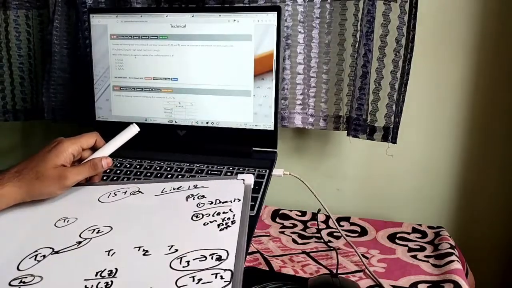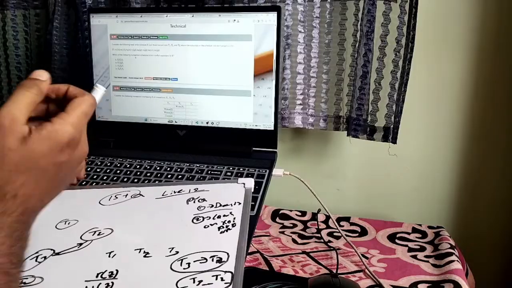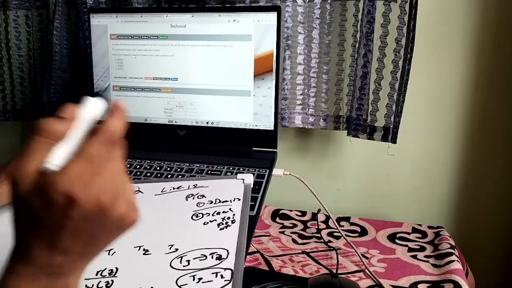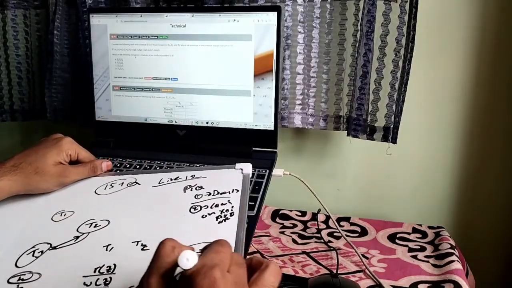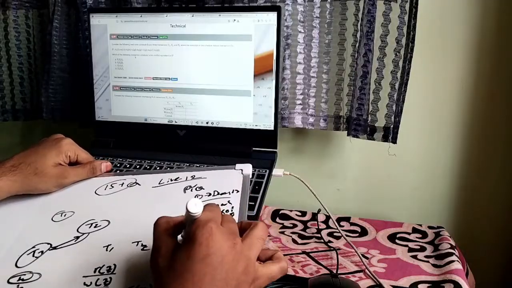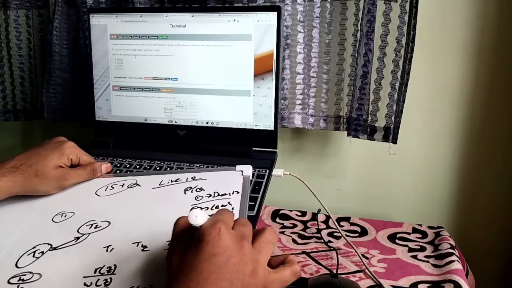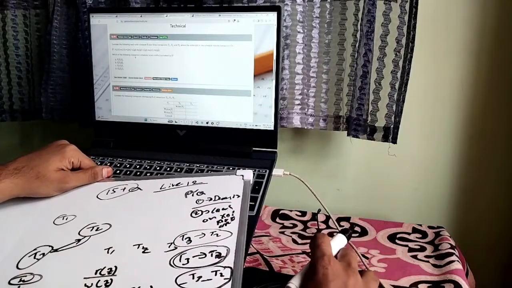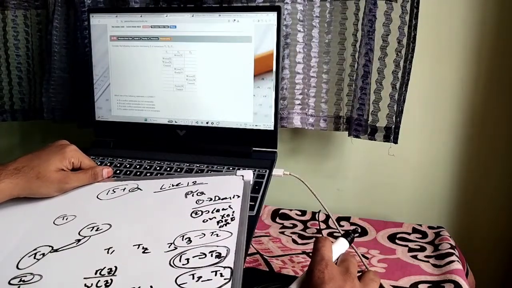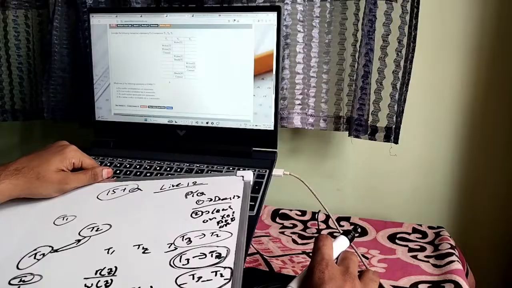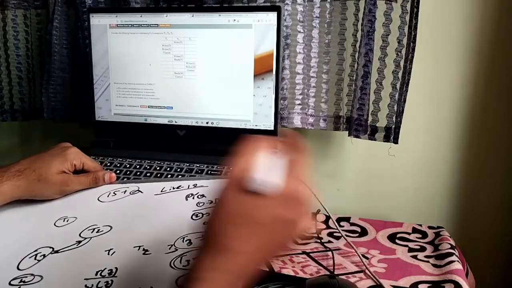This question, I got the answer because the topological order also matters. Because we're getting complete, transaction three two, transaction three two, transaction two. That's it.